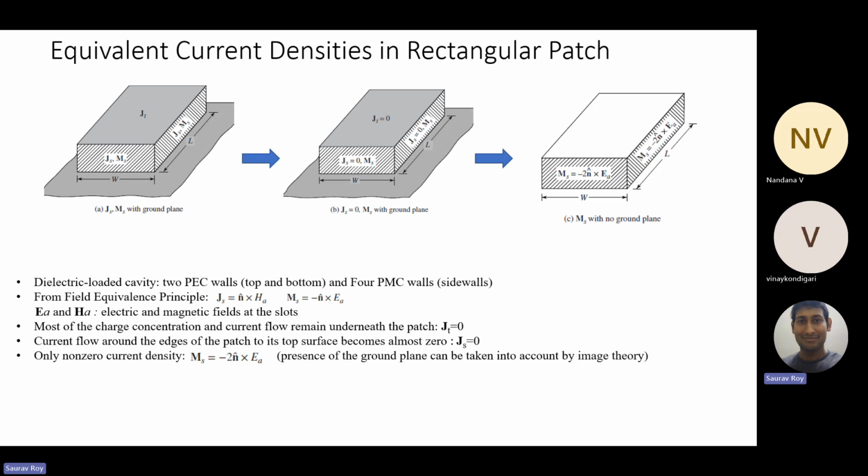Outside is our equivalence principle zone, where we want to calculate our field. If you want to calculate the far field or radiation pattern, we want it outside, right? So for that, we take this MS and also its image current and add up, and it becomes 2 n cross E at all the side boundaries.